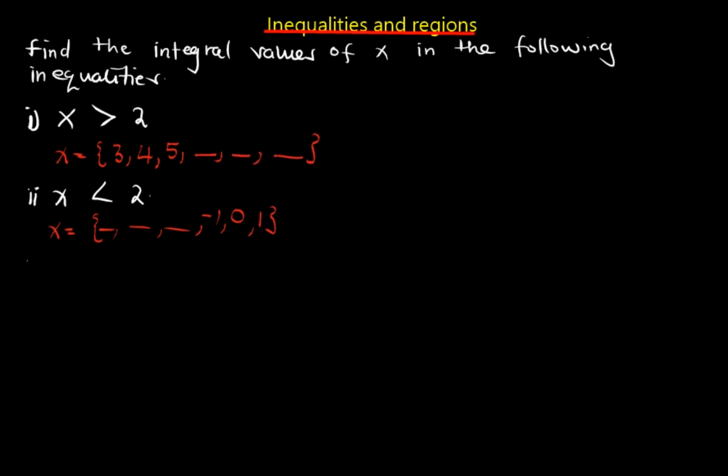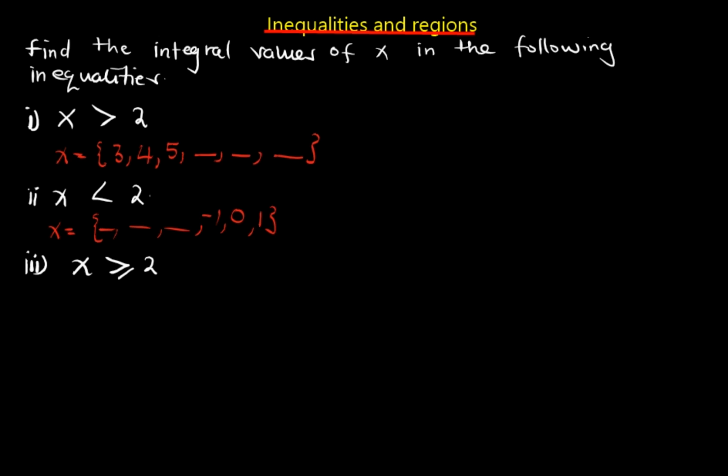Roman numeral 3. x greater than or equal to 2. Are we seeing that? Implying that this inequality has two sides. One, x is greater than 2 and x is equal to what? 2.